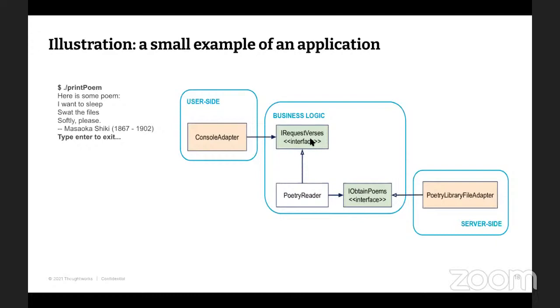The left side interface allows the communication to happen from the user side, and the right side interface allows the communication to the business logic to happen from the server side, right? So the poetry library file adapter is the concrete implementation of this particular interface.